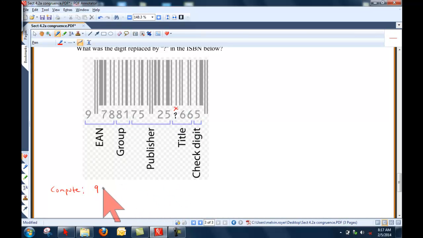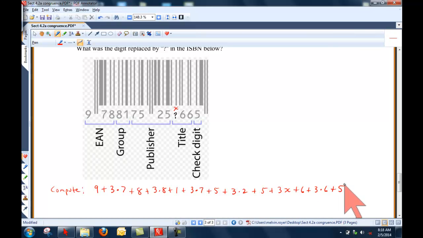So 9 plus 3 times 7 plus 8 plus 3 times 8 plus 1 plus 3 times 7 plus 5 plus 3 times 2 plus 5 plus 3 times x plus 6 plus 3 times 6 plus 5.